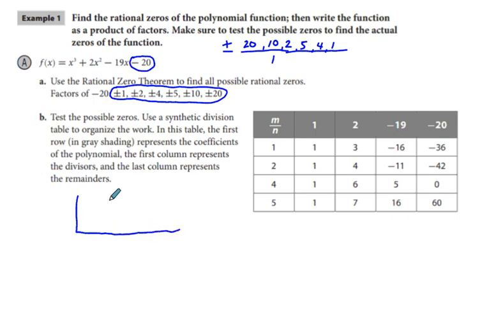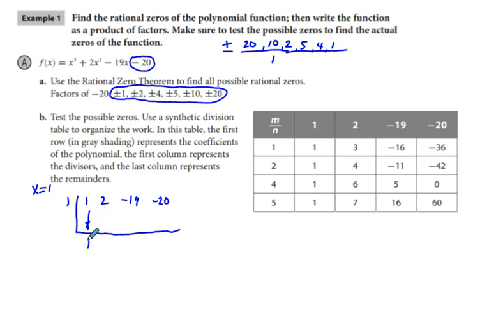So to test the zeros, if we test x equals 1 as a potential zero, we can put 1 here, and then our coefficients of our function in standard form, we have 1x cubed, 2x squared, negative 19x, and we have negative 20. And now we bring down this 1.